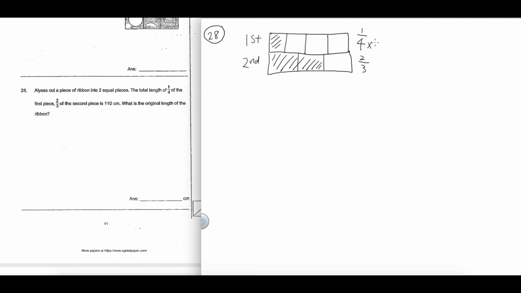Okay, so 3 and 4, my common denominator will be 12. Alright, so this one is times 4. Can you follow? I'm probably not going to cut it because it's going to look very messy, but maybe I'll draw a new one just to show it to all of you.